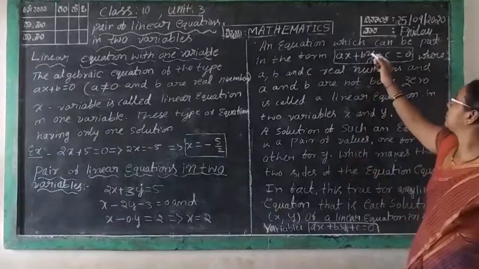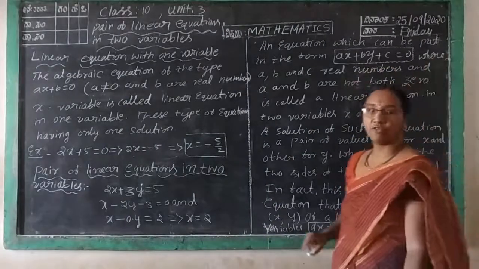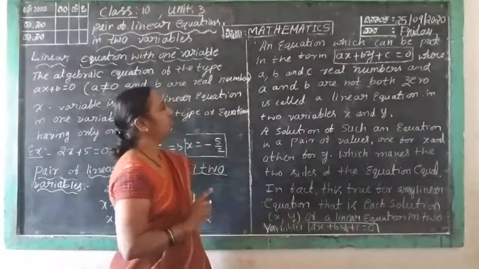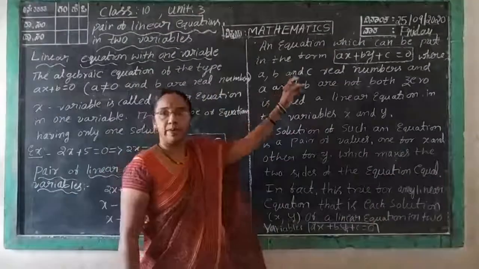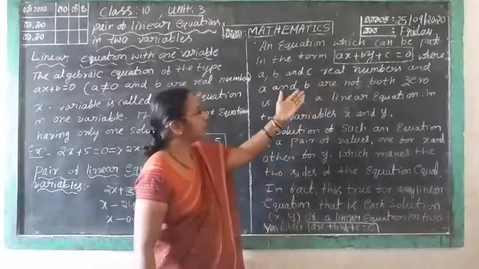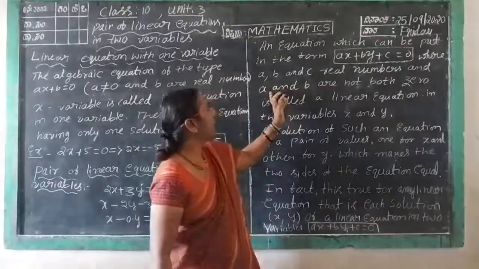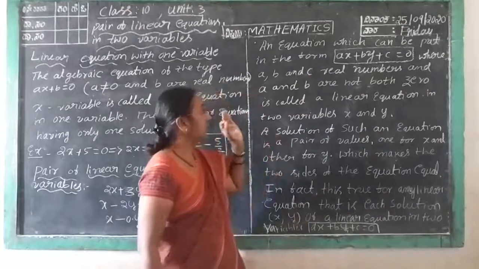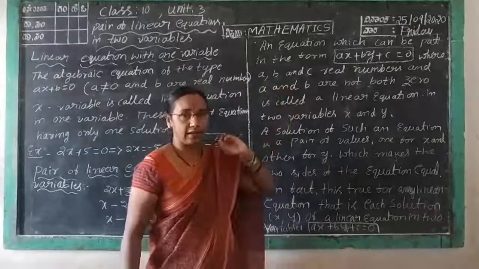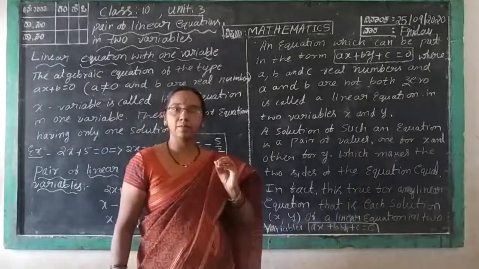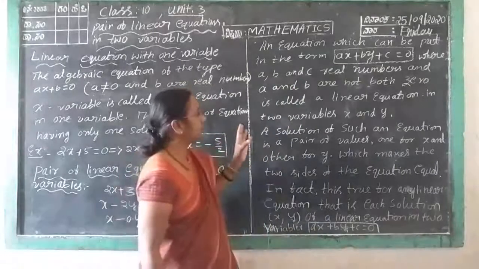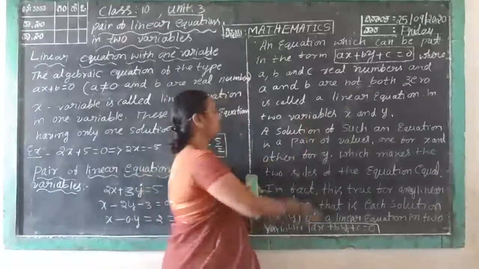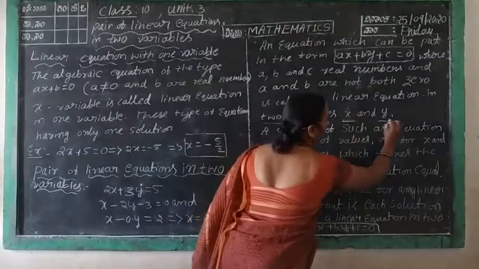An equation which can be put in the form ax + by + c = 0, where a, b and c are real numbers and a and b are not both 0, is called a linear equation in two variables x and y.